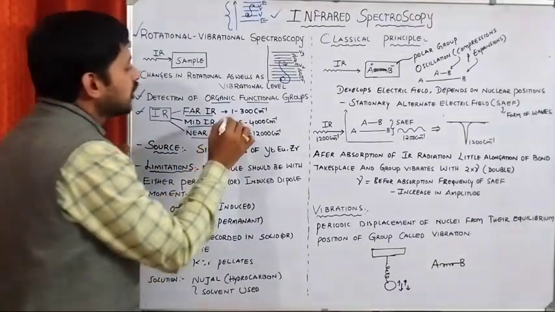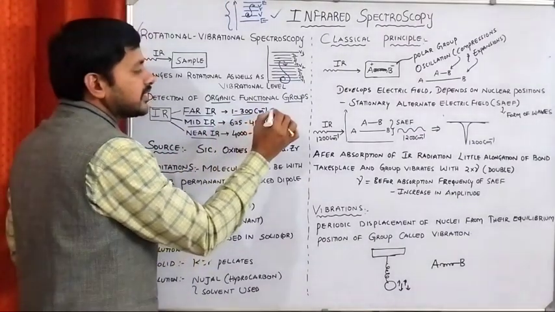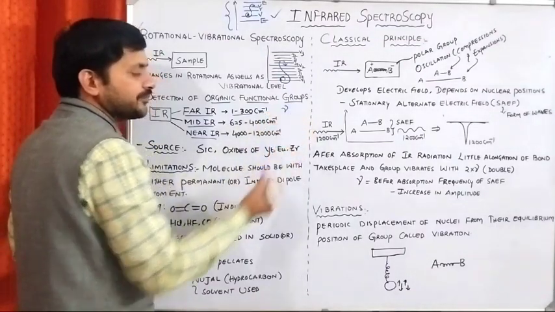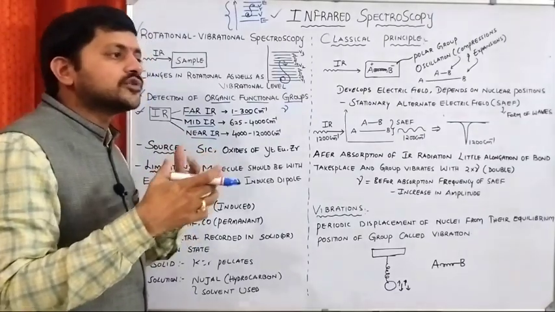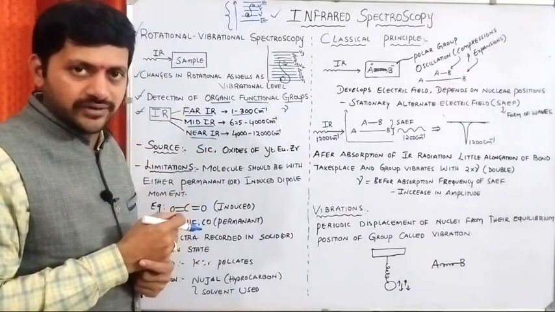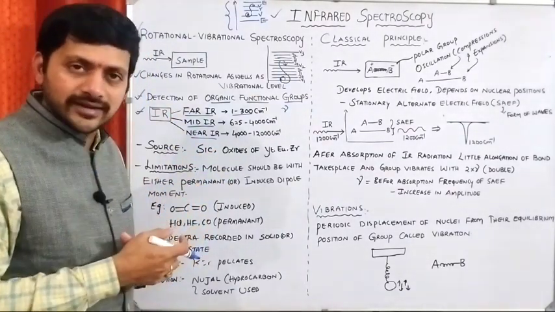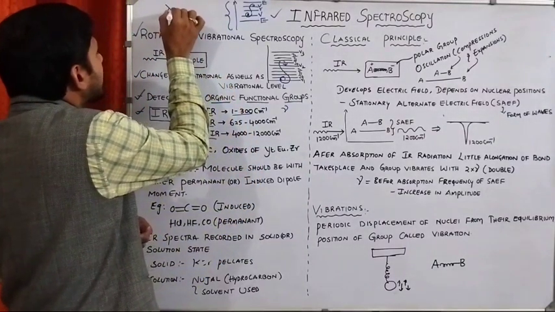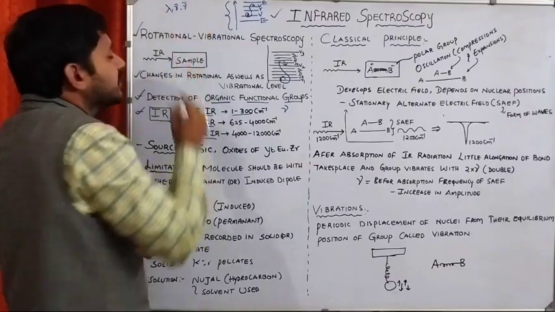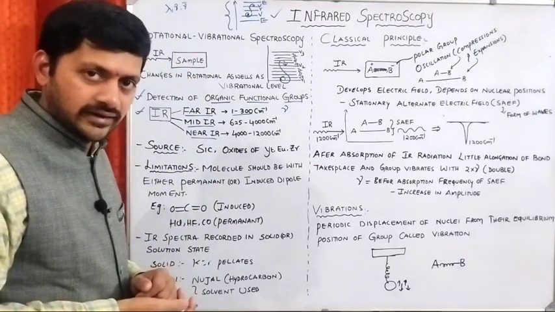So what is the range? 1 to 300 centimeter inverse of the frequency. Already we know that electromagnetic radiation is associated with electromagnetic waves. That's why we have the dual character. Because of the dual character, we have properties like wavelength, frequency, wave number, etc., right?